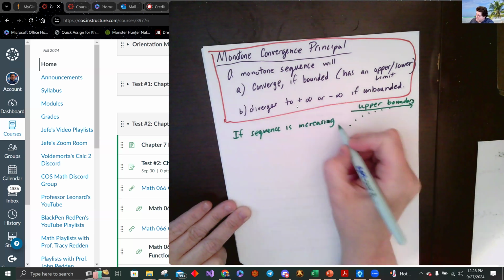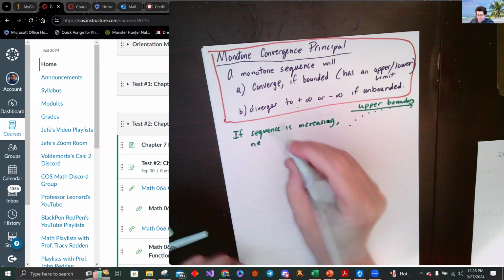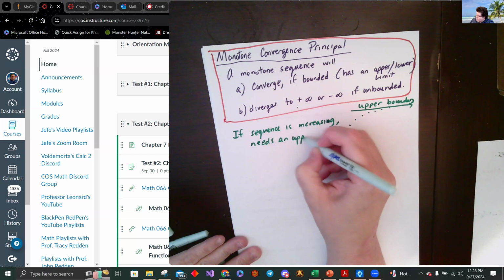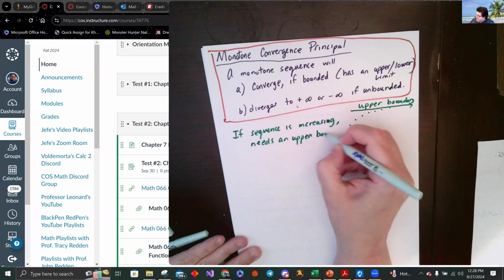So if a sequence is increasing, it needs an upper boundary, or upper bound, to converge.